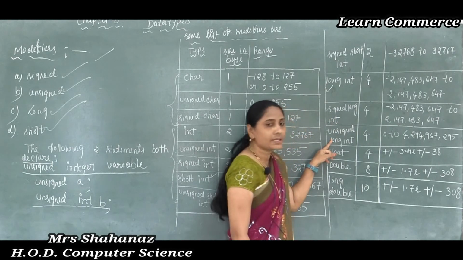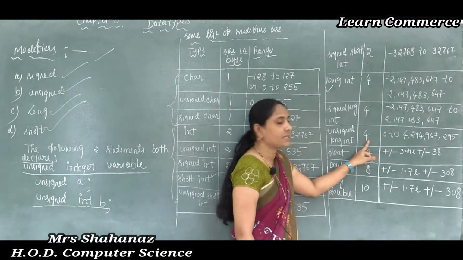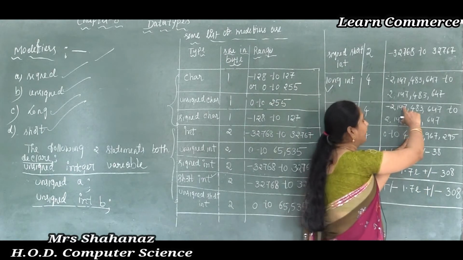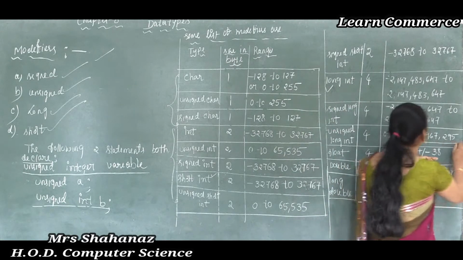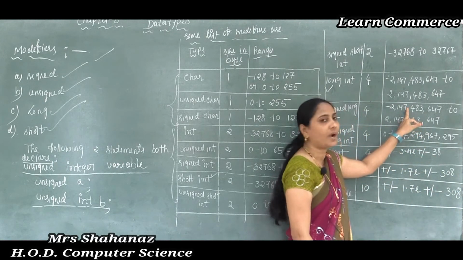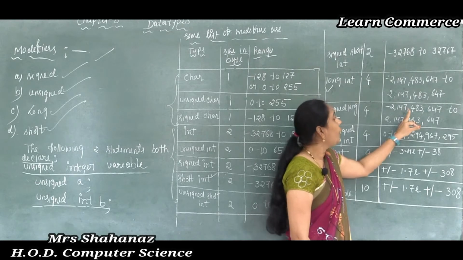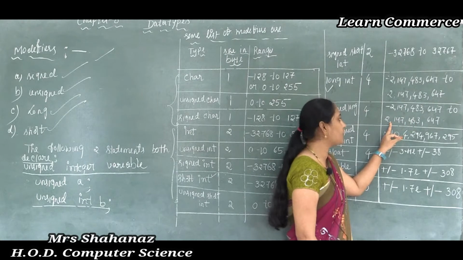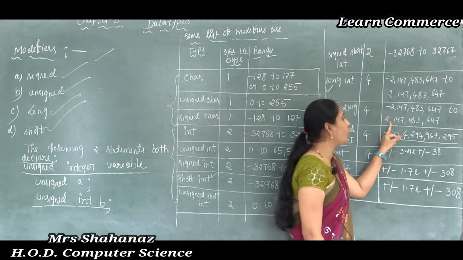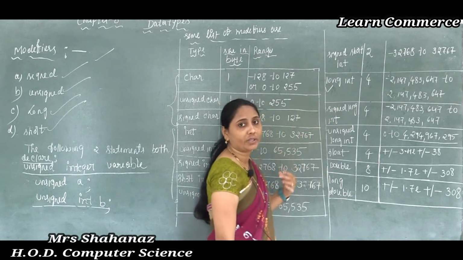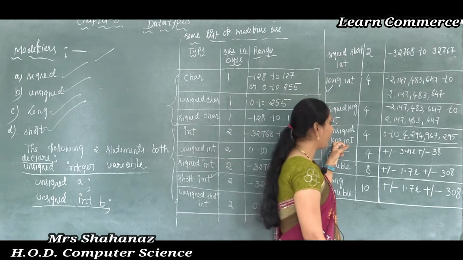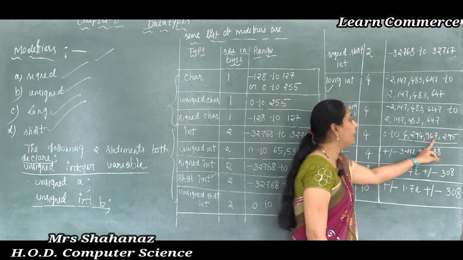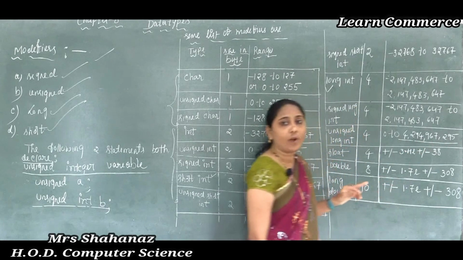Now after completing signed long int, let's look at the unsigned long int. The size in bytes is equal to 4 here. When you add these two, you will get this value. When you add minus 2,147,483,647 to the plus, or we can say the addition of 2,147,483,647, we get the unsigned long int range, that is 0 to 4,294,967,295.